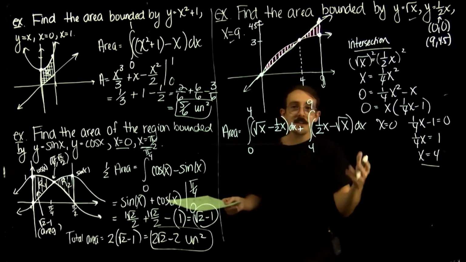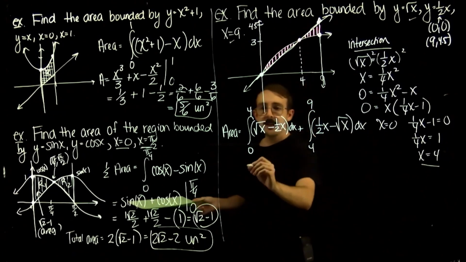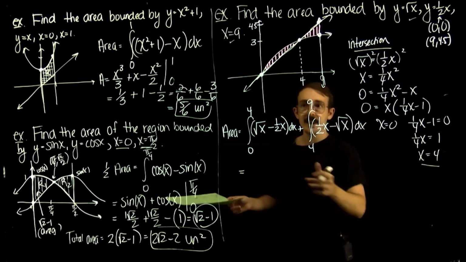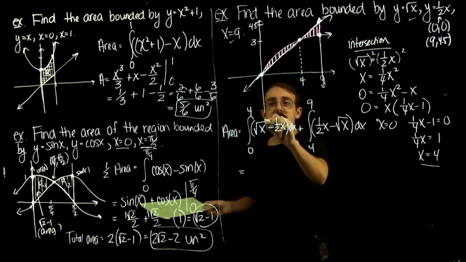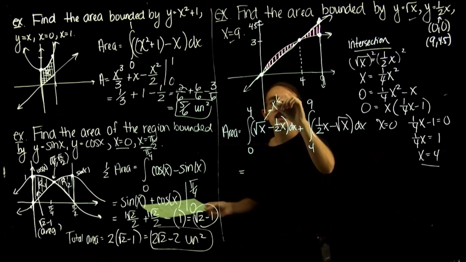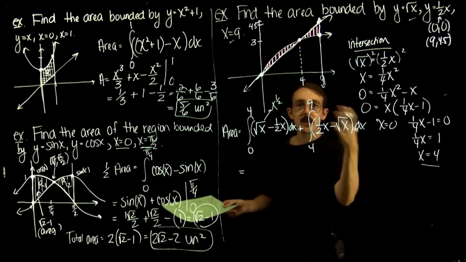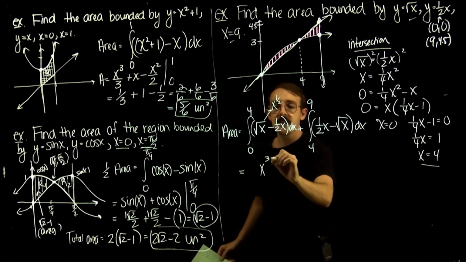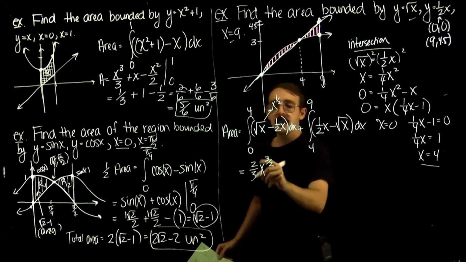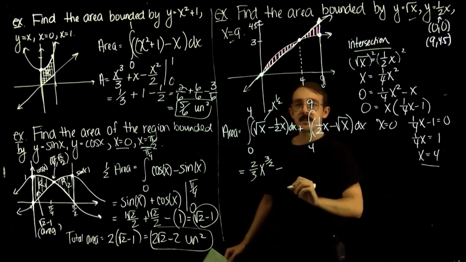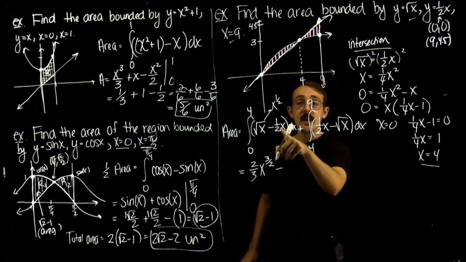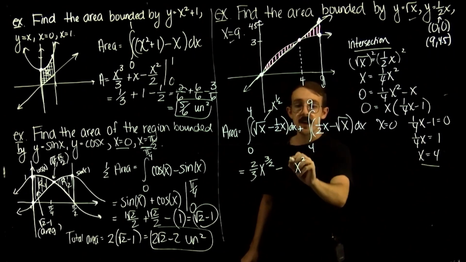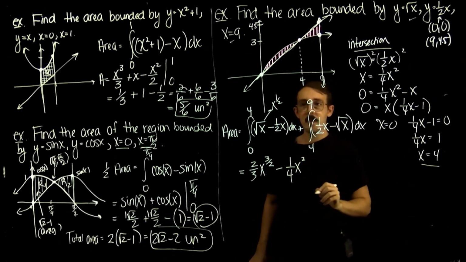So now from here, I'm just going to do a couple steps to get you a little further along the way, but I'm not going to do all the calculations. You can think of radical x as x to the 1/2, and then do the power rule backwards. So to integrate x to the 1/2, you have x to the 3/2 times 2/3, minus, if you integrate 1/2 x, it'll be x squared, we do the power rule backwards, and then this is 1/4 right here.